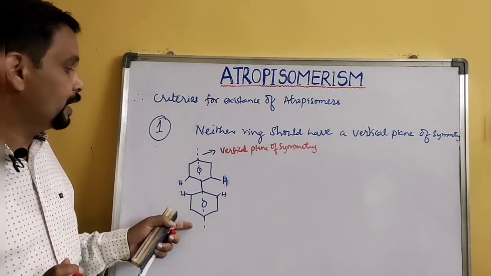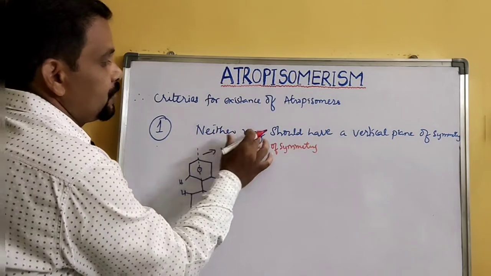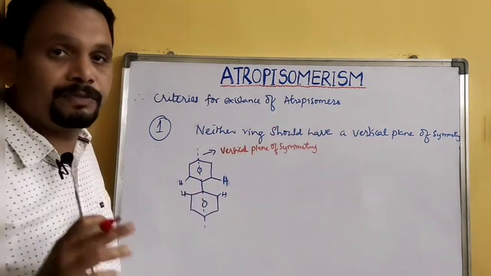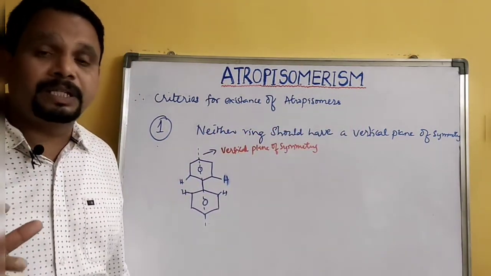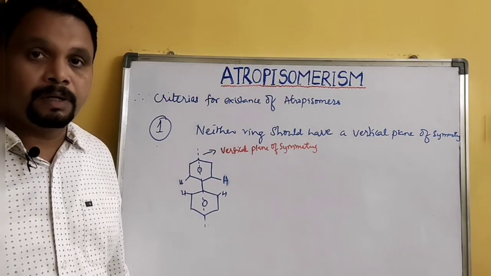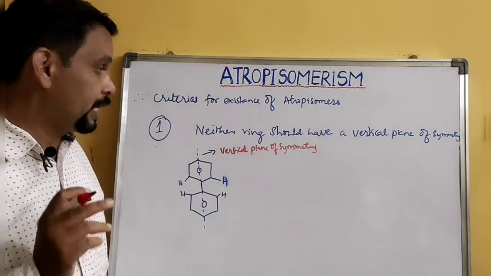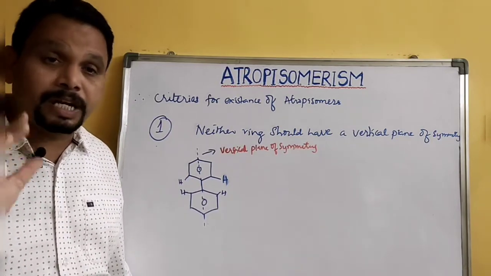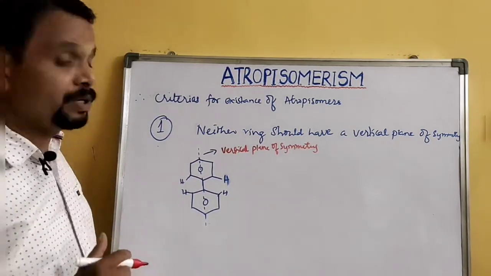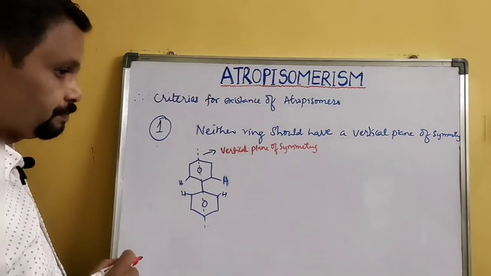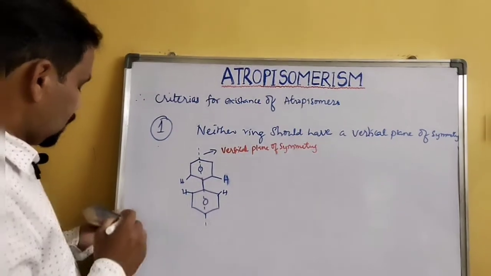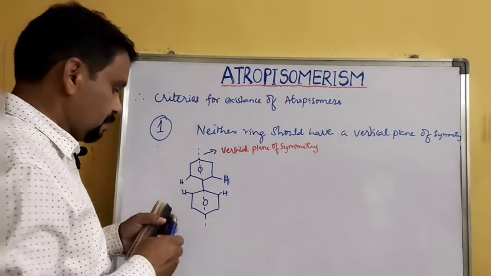So neither ring should have a vertical plane of symmetry to exhibit atropisomerism. That is the first criterion you have to keep in mind. I'll give you another example.